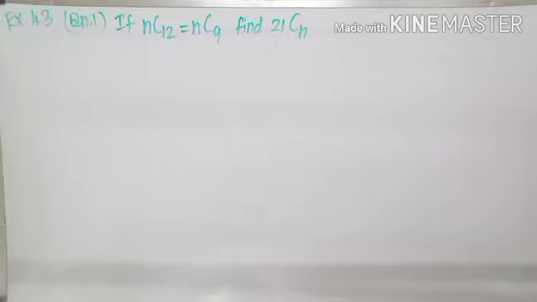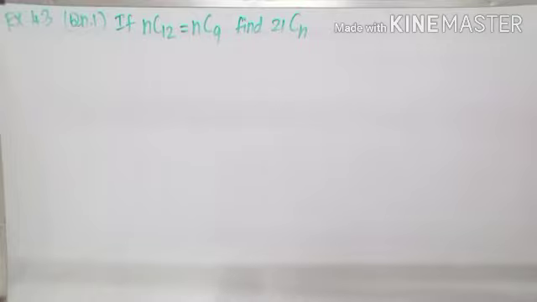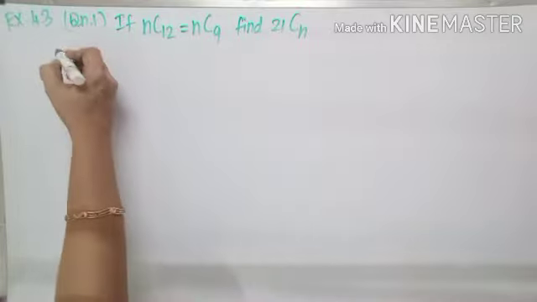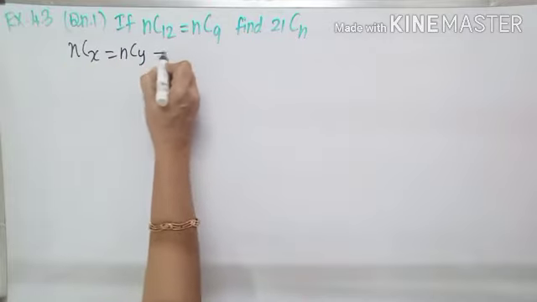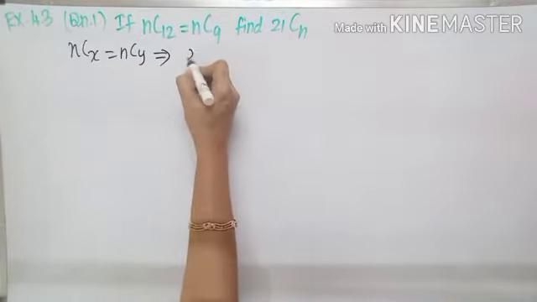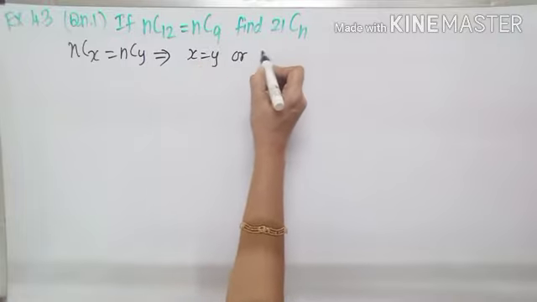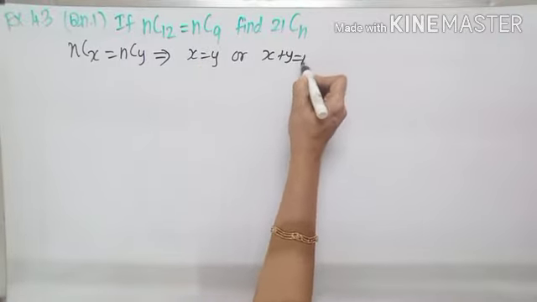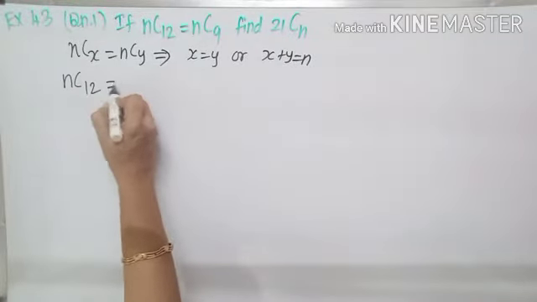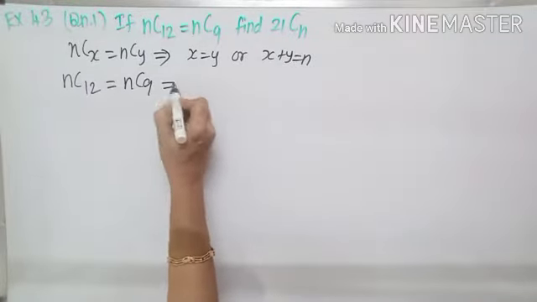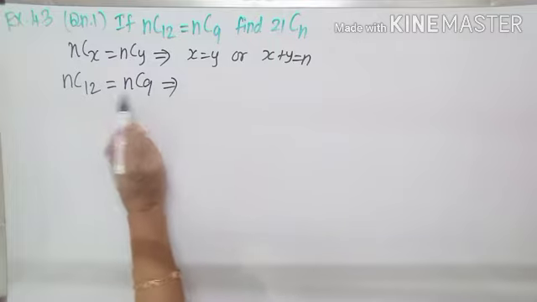Exercise 4.3, question number 1. If nC12 equals nC9, find 21Cn. We know the formula nCx equals nCy implies x is equal to y or x plus y equals n. Here nC12 equals nC9, and 12 and 9 are not equal.